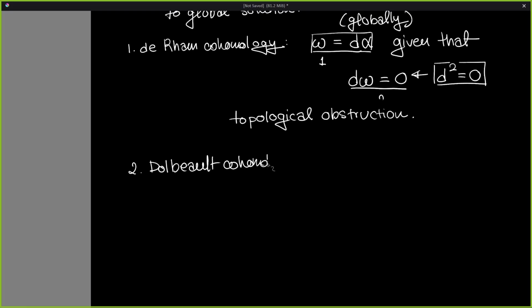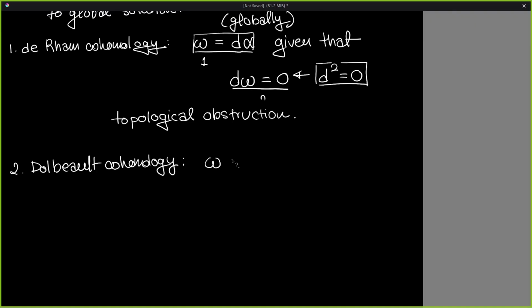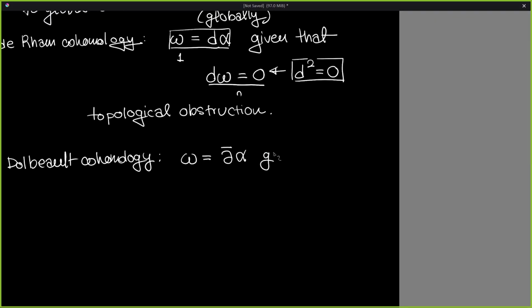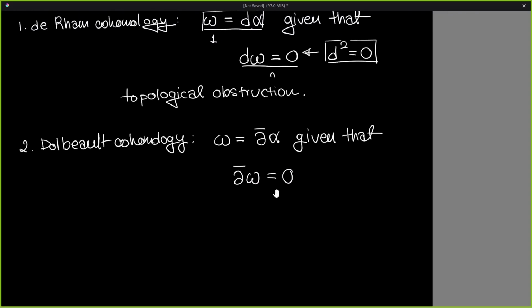Dolbeault cohomology. Very similar, and this is where we're trying to leverage the analogy. We already know the Dolbeault operators, right? So we're trying to solve omega equals partial bar of alpha, given that partial bar of omega is equal to 0, right?